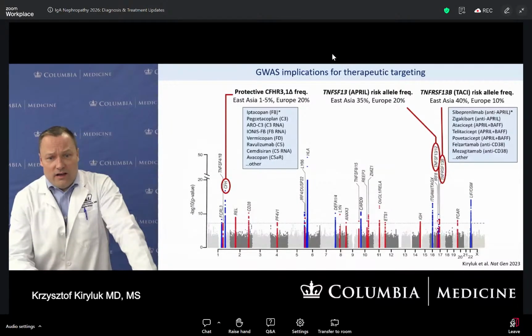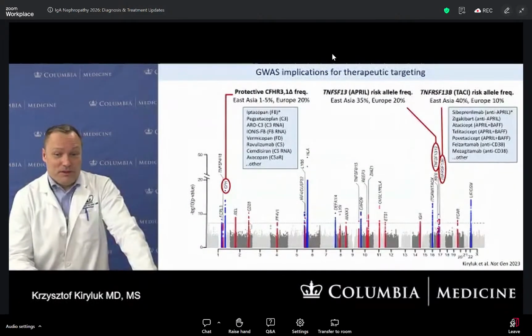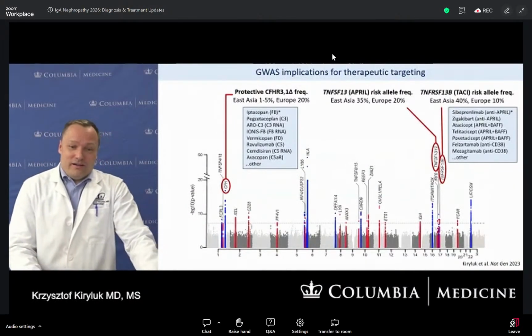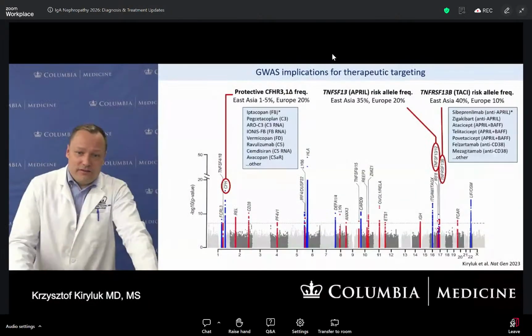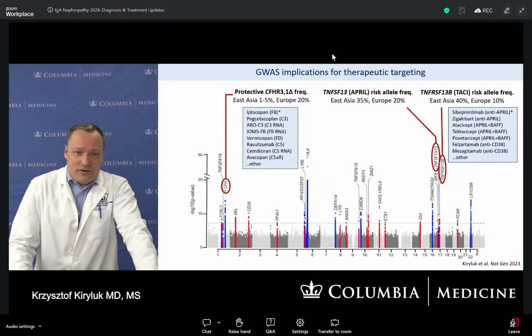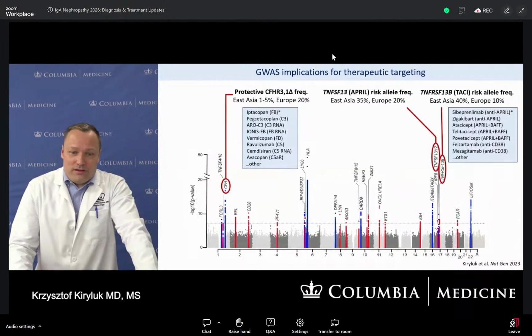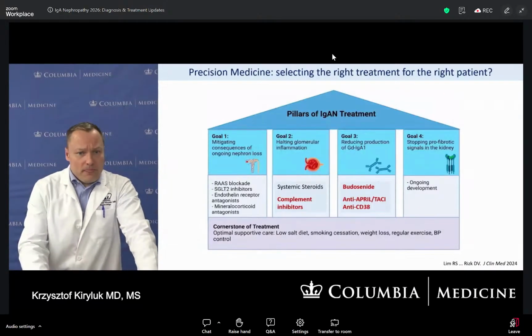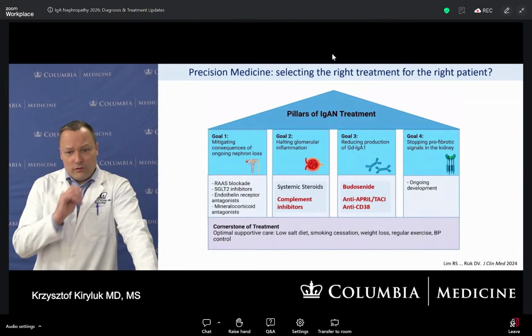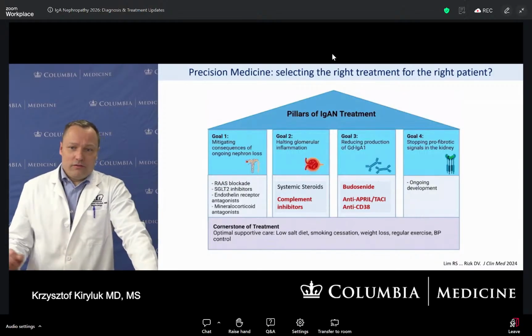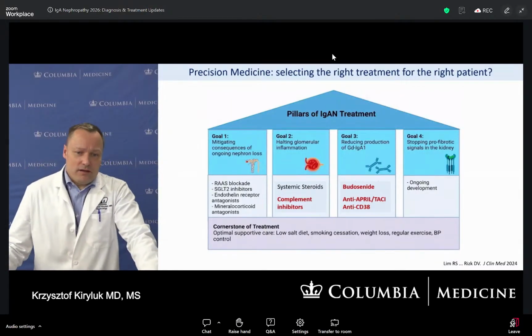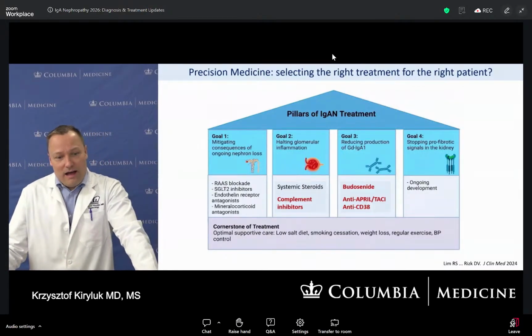I just want to point out there are multiple other loci that could potentially also encode plausible targets. So I think there's a lot of work from the drug development perspective to think about the best way of targeting this disease. And I just want to close with this slide that summarizes all of the amazing progress that has recently been happening with treatment for IgA nephropathy.